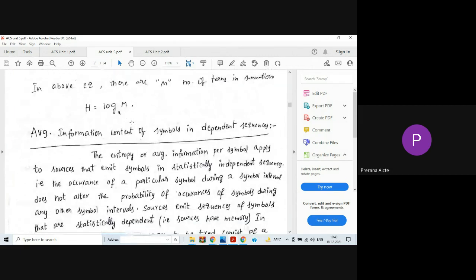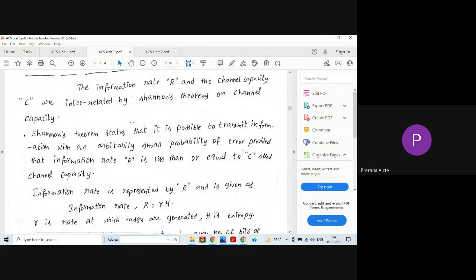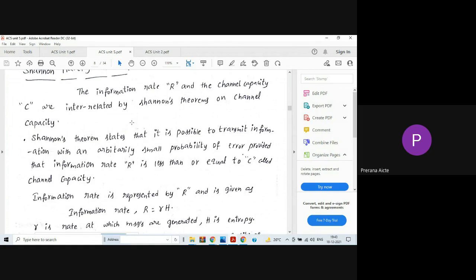Then we'll define the Shannon-Hartley theorem. It is also called the channel capacity theorem.